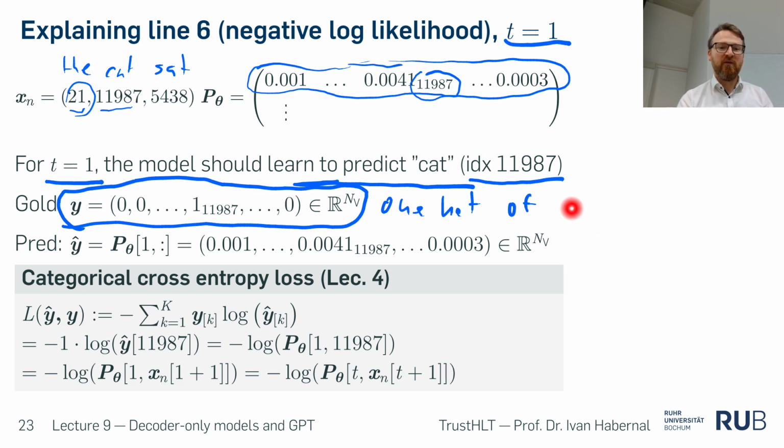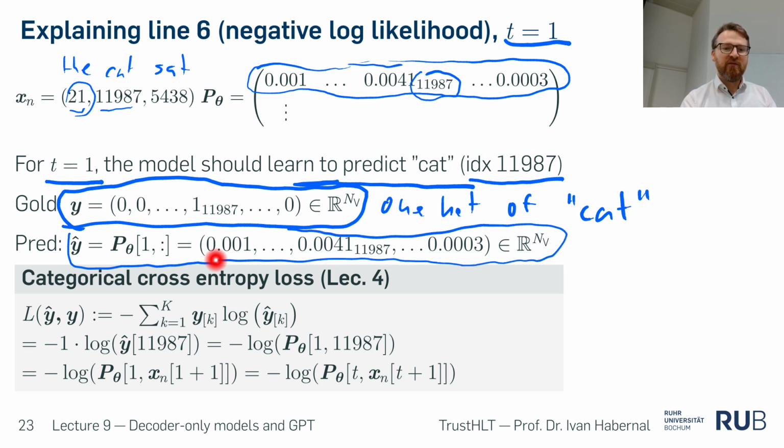So which is it? It's one-hot of cat, exactly. So this is what you're trying to predict, just the one-hot representation of the next word, cat. And this is the gold label, and our prediction is this row. So we have two vectors: the gold vector, and we can take the other as a probability distribution, which is the prediction.